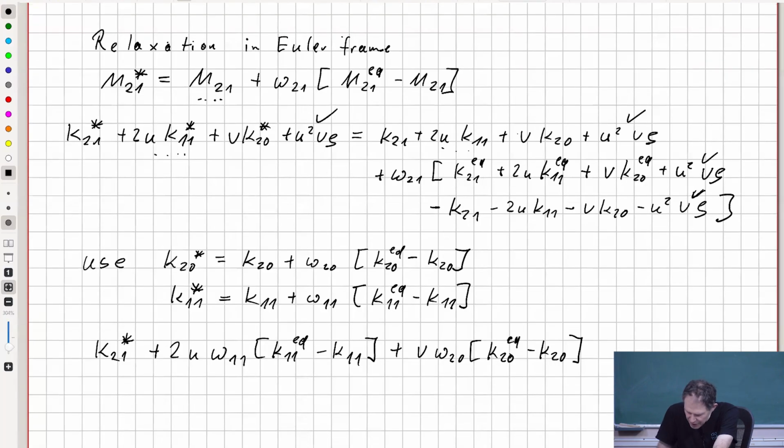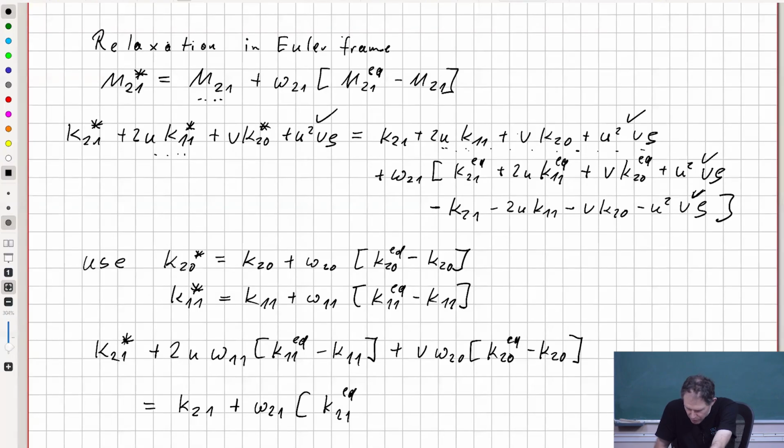Now I've eliminated all of these on the other side already, so I'm no longer writing them down. And coming to K12 plus omega 21, here comes K21 equilibrium minus K21.